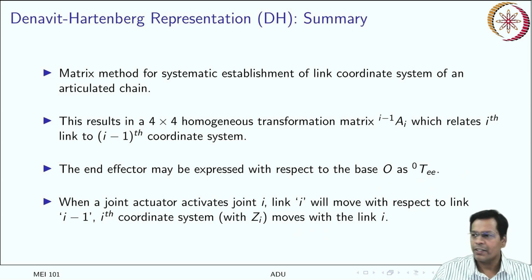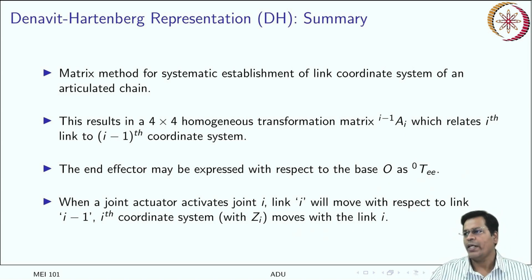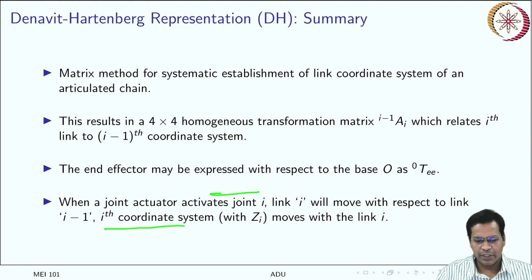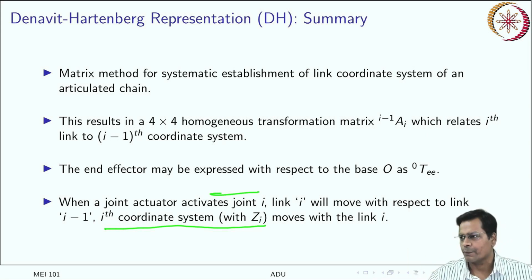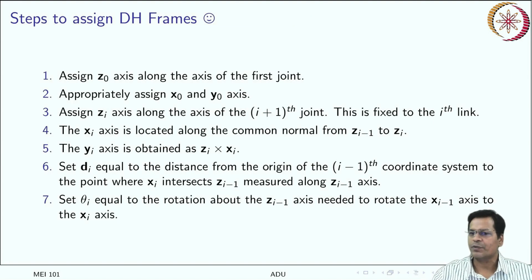Okay, and when joint I activates, link I will move with respect to link I minus 1. Okay, and the ith coordinate system which is fitted at the end of link I will move along with link I. Okay, so these are the steps to assign DH frames to a serial chain system.